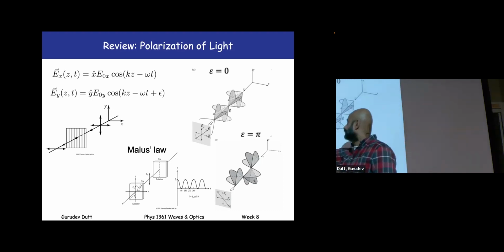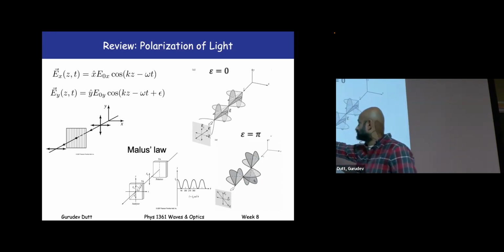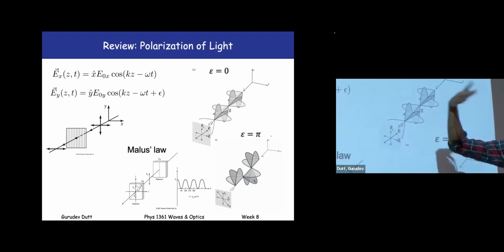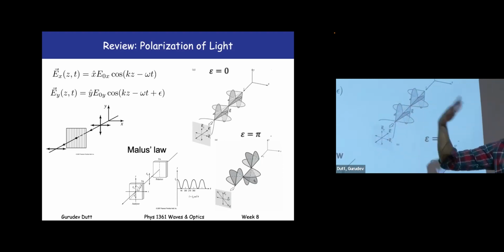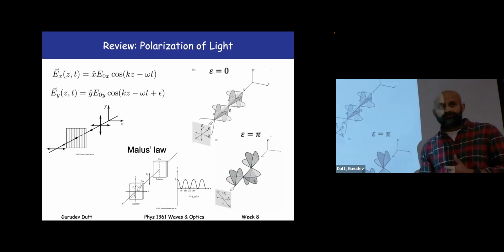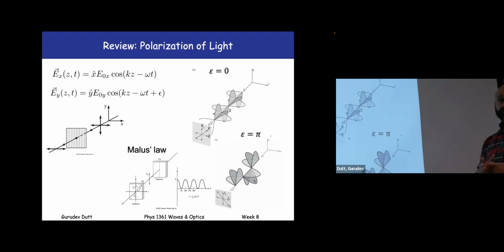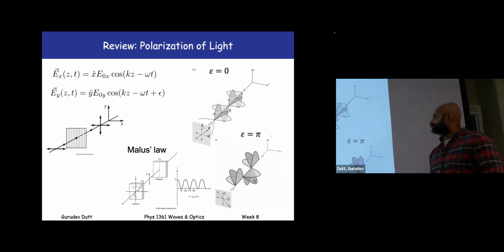In addition to these amplitudes potentially being different, even the phase between the x and y components could be different. Of course, notice I've only chosen x and y because the electromagnetic wave is always transverse to the direction of propagation, z. Here I chose the direction of propagation along z, so the electric field always has to be in the xy plane.